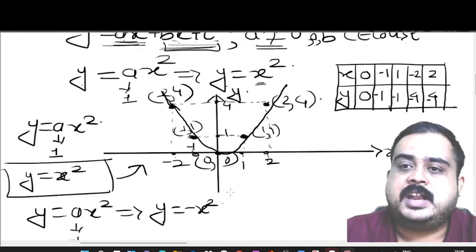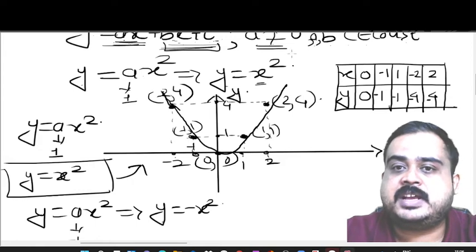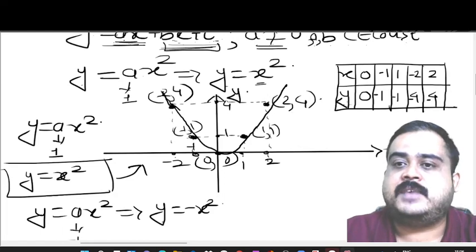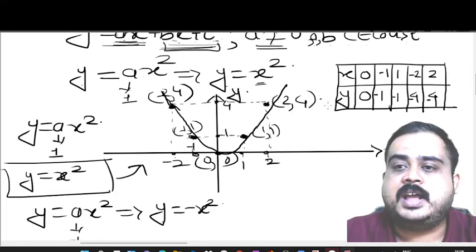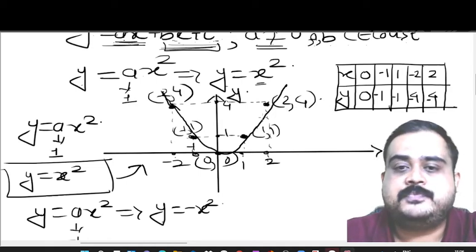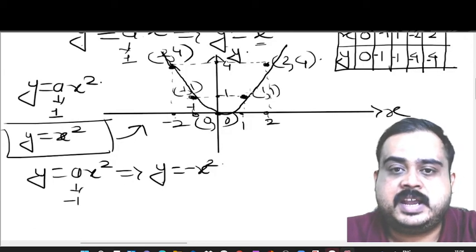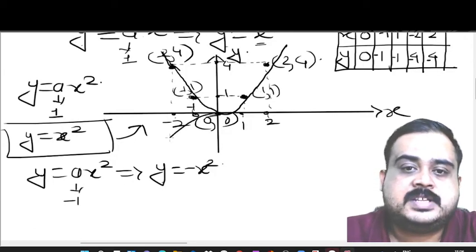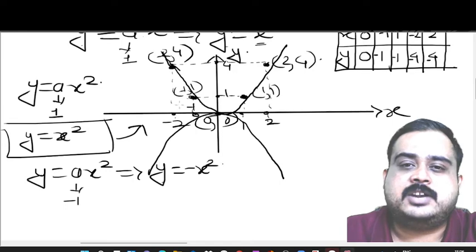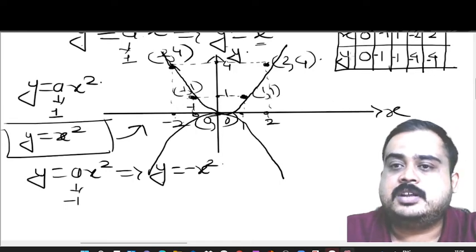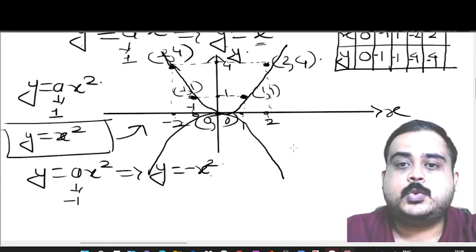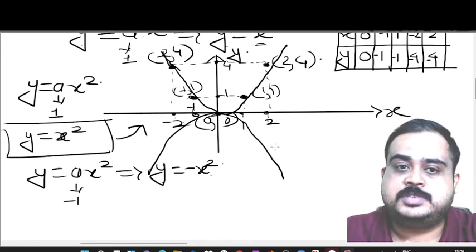Now, as the values of x we have taken are the same as those we have taken for y equal to plus x square, the only difference we are getting here is the values of y, and the values of y are just negative of the values of y that were there in the y equal to x square case. So what will happen here? We'll get a parabola which is a mirror image of this parabola present above. Okay, you will get a mirror image kind of this image when you plot y equal to minus x square. Okay, now there are two important inferences that you should observe here.